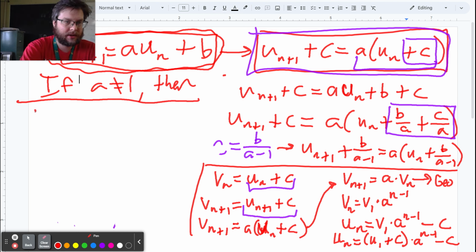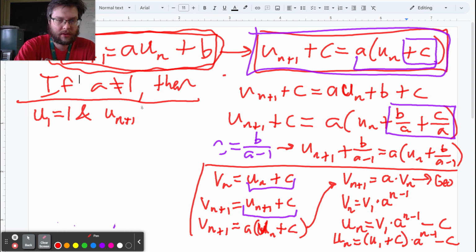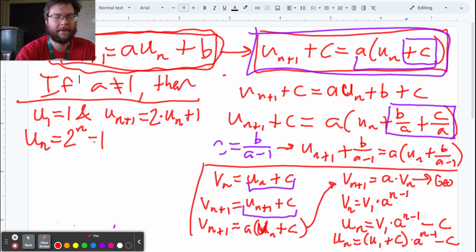Here's the claim in the pattern, that if u1 is equal to 1 and if u sub n plus 1 is equal to 2 times un plus 1, the claim is that the nth term is really just 2 to the n minus 1. Okay? And what we are going to try to do is show that that also works with this expression that we have right there. So let's just verify that it works.